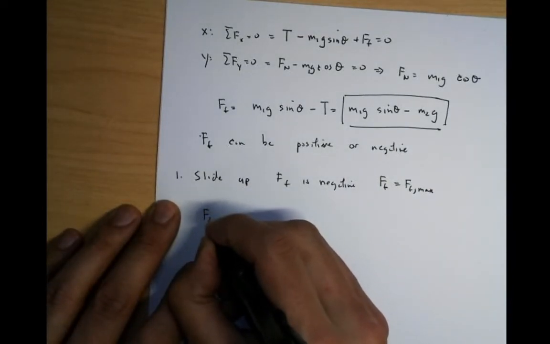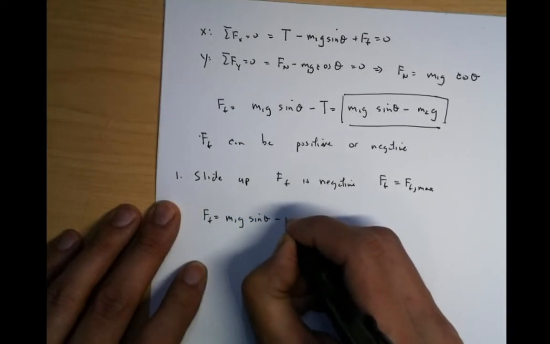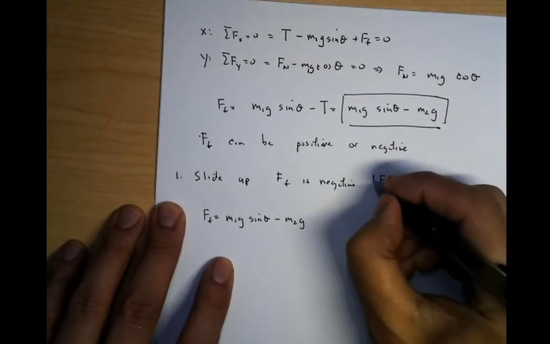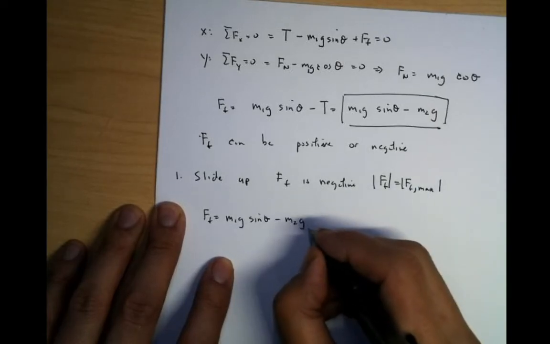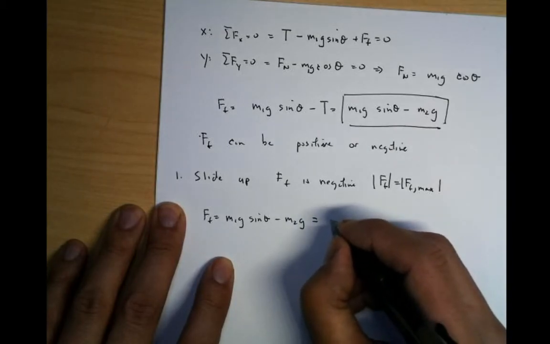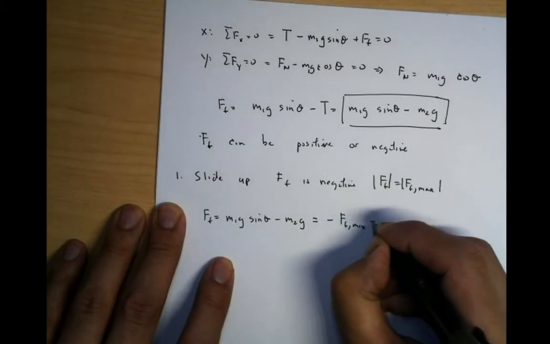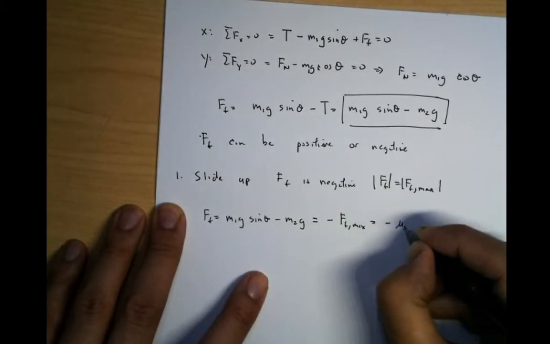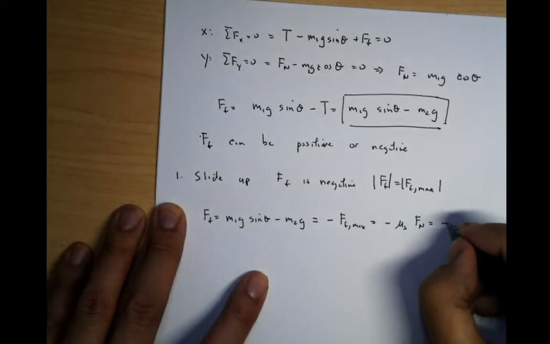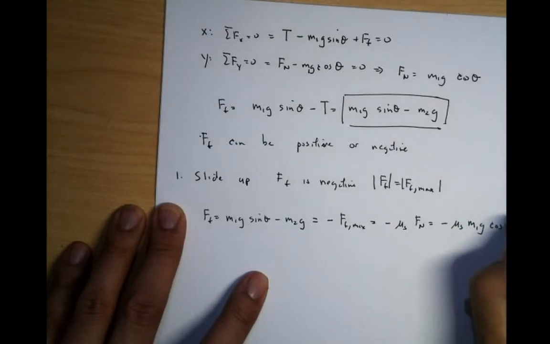F_f, which is m1g sine theta minus m2g, is going to have to be equal to a negative thing, F_f max, which is minus mu sub s Fn, which in this case is minus mu sub s m1g cosine theta.